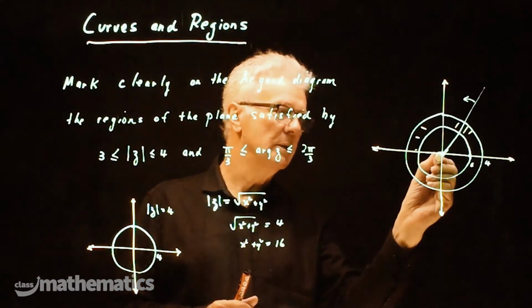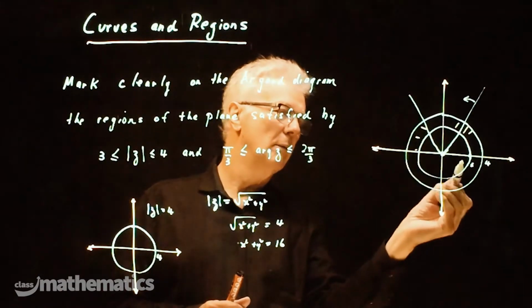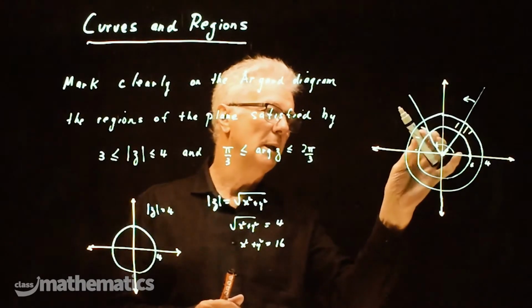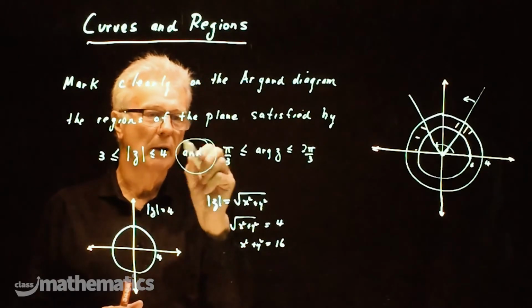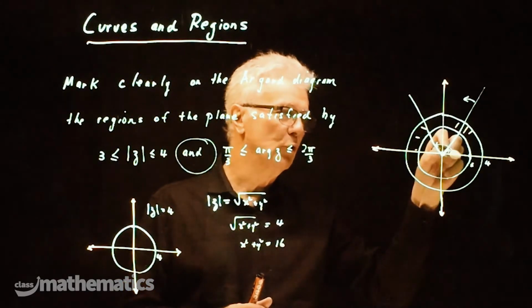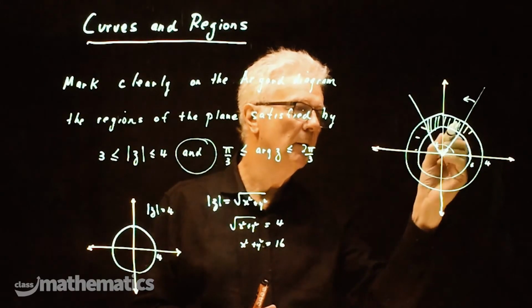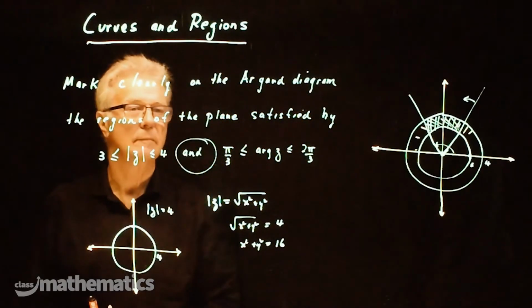Well, 2 pi upon 3 is over this side, from there to there, and it's going to be less than that. So in between there, and including this other area you've just drawn, it must be all this area which is shaded in here. Done.